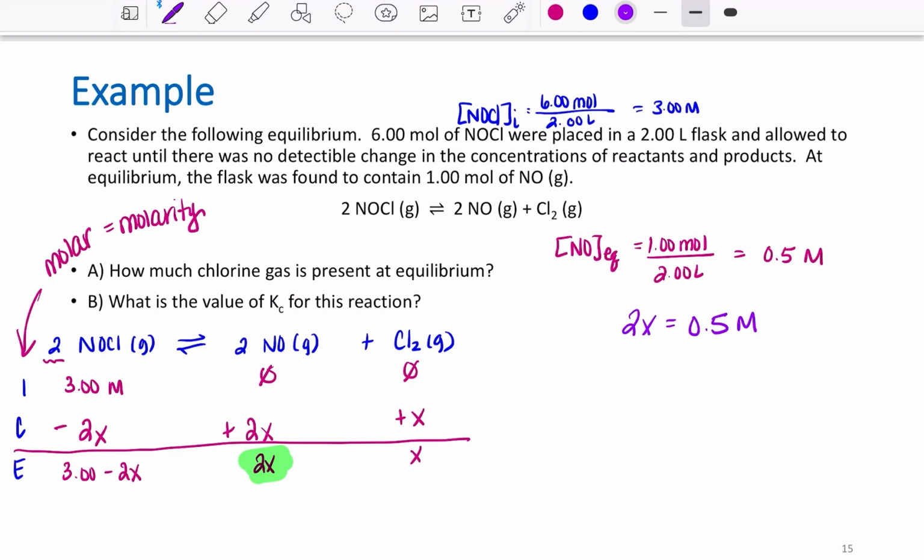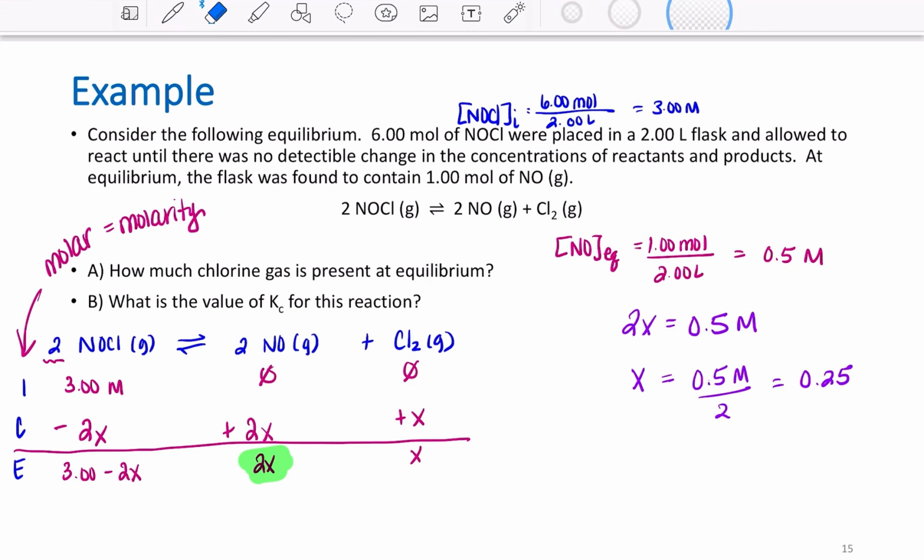Therefore, 2x has to equal 0.5. What am I trying to solve? Sorry, I forgot what I'm trying to solve here. How much x is present? X, 0.5 molar, divided by 2, gives me 0.25.